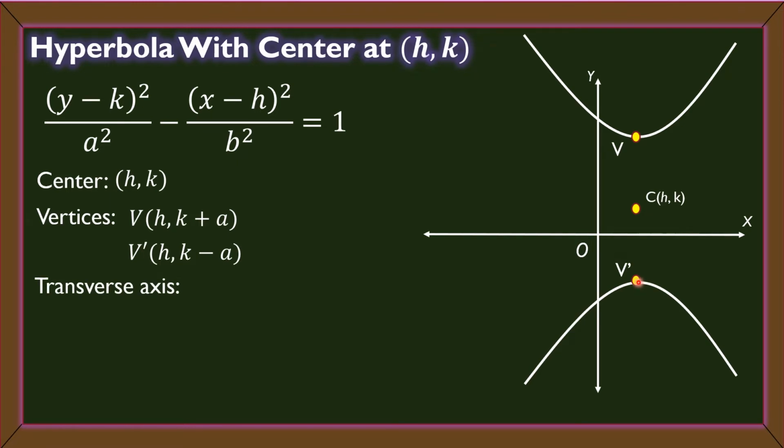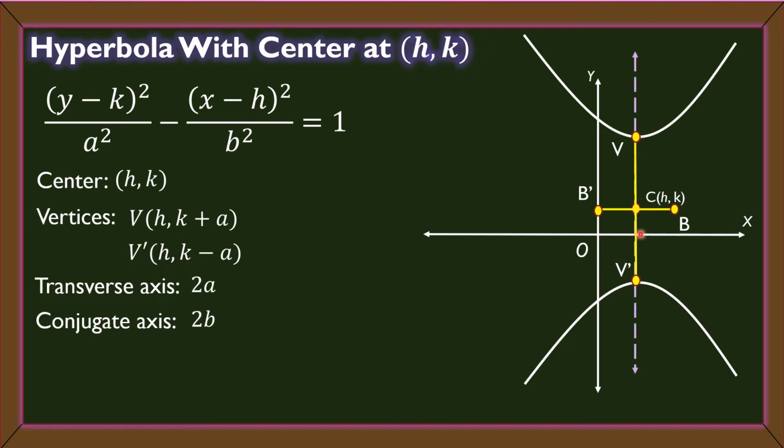The transverse axis is now parallel to the y-axis and still it is 2a units. The conjugate axis, which is perpendicular to the line containing the vertices and the center as the point of perpendicularity, is still 2b units in length, and the endpoints are the co-vertices, which are each b units away from the center.